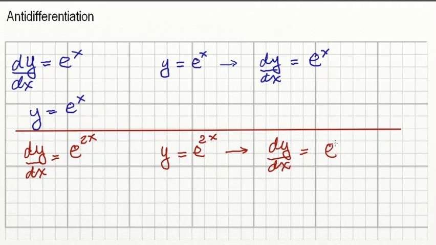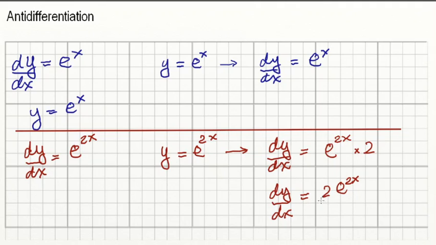We'll take the derivative of e to the power 2x, considering 2x as an unknown, so the derivative will be itself multiplied by the derivative of what's on top, which is simply 2. Derivative of 2x is 2. So the derivative of the whole thing would be e to the power 2x multiplied by 2.